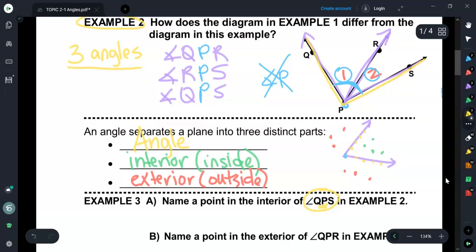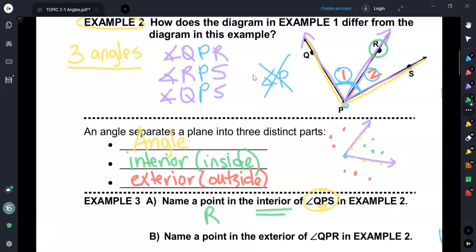P. Okay, remember the vertex is always in the middle. What point would you say is in the interior of QPS? What is in the interior of this angle right here? And we only have one option, and that is R. So R is the point that is in the interior of QPS.